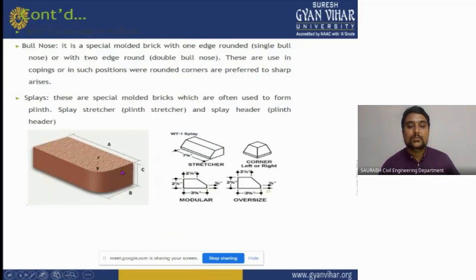If two edges, the corners of the brick, are rounded here also, it is called double bull nose. These are used in coping or such positions where rounded corners are preferred to sharp ones. These are special moulded bricks, often used from the plinth, splayed stretcher and splayed header. You can see the image of splay also.